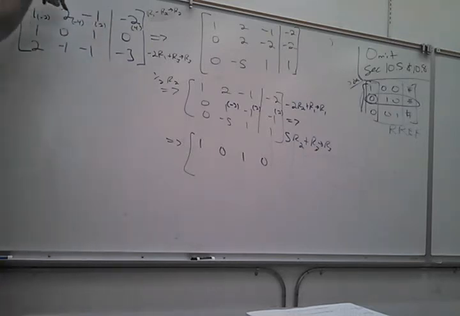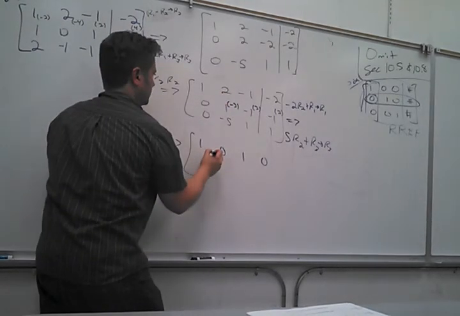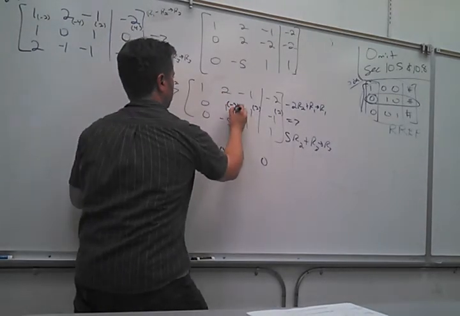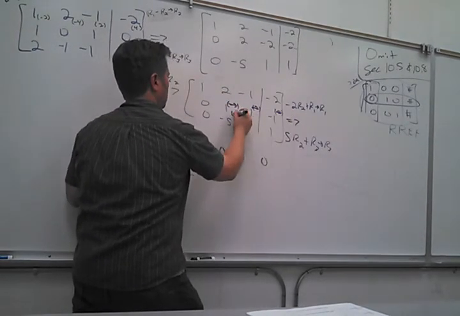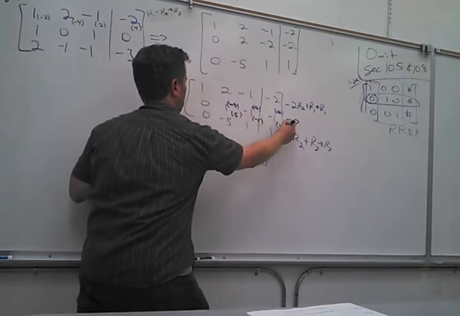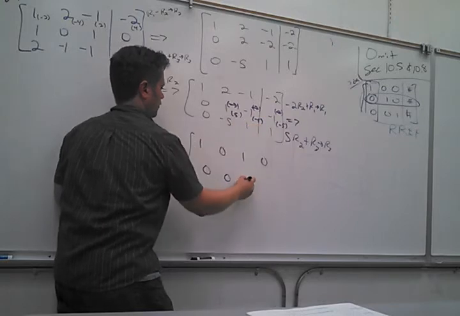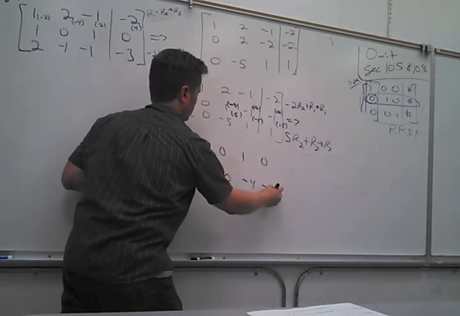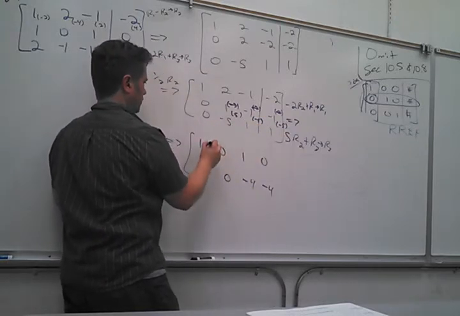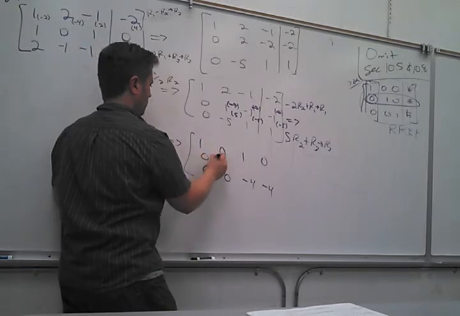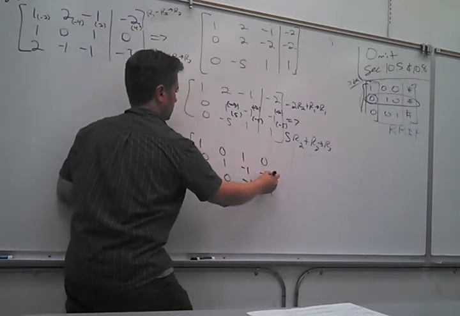Instead of moving up here in the first place, it kind of came back on its own. And then for row 3, I get 0, 0, -4, -4. And the first row is still the same. Oh, I'm sorry, which one? The middle row is still the same.